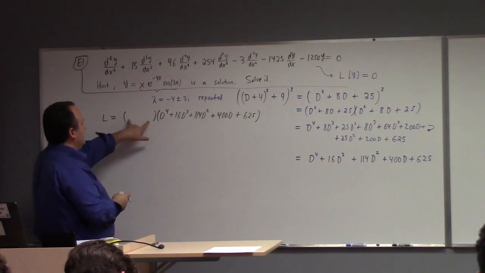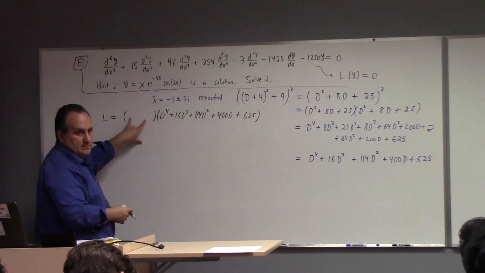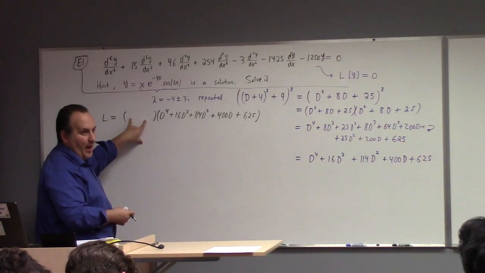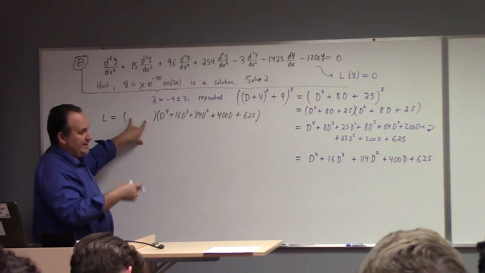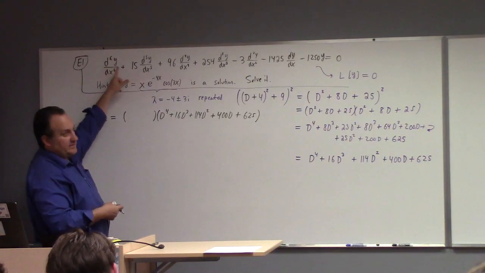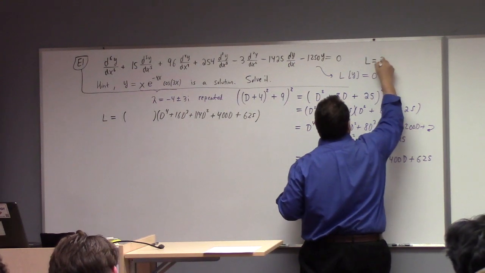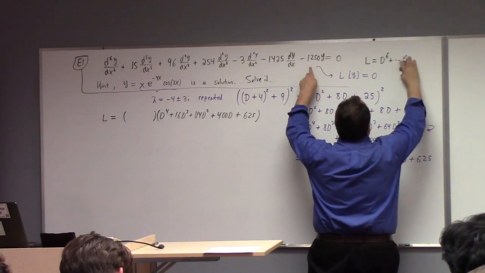And what goes over here? Polynomial division, very good. Can you tell me some of that without doing that, though? This has got to be quadratic, right? Because it's sixth order. So L is d to the sixth plus stuff, right? Minus 1250, yeah?